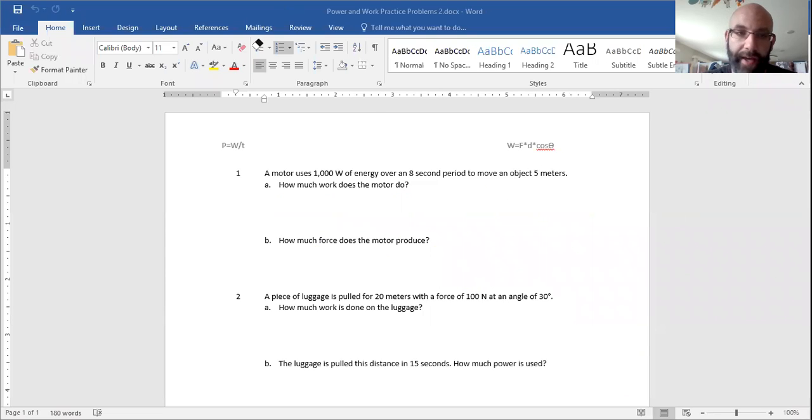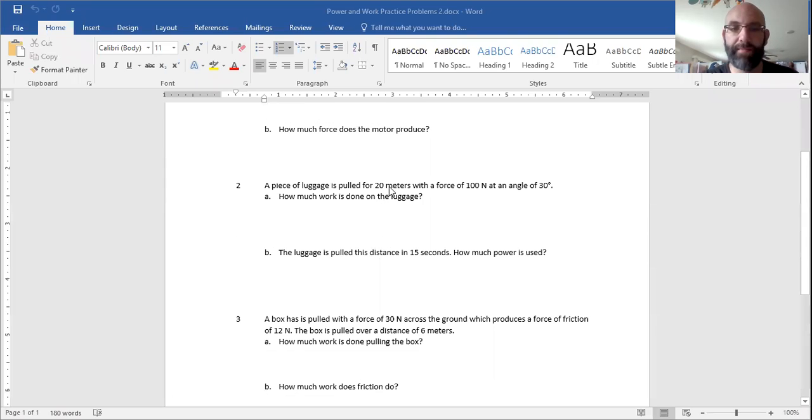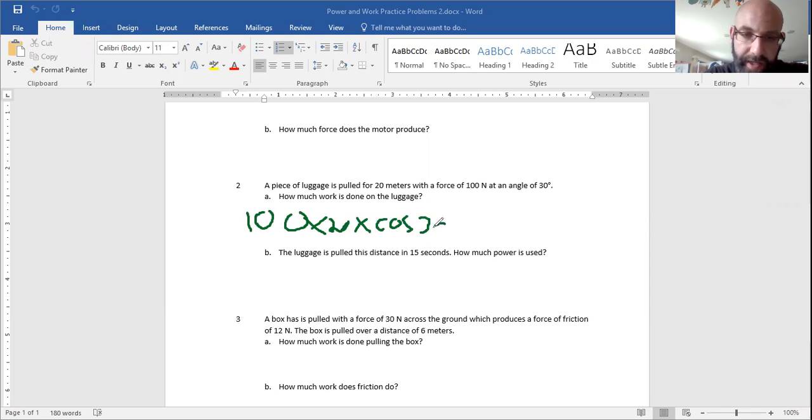All right, let's look at 2. A piece of luggage is pulled 20 meters with a force of 100 newtons at an angle of 30 degrees. How much work is done on the luggage? We're going to use, again, work equals force times distance times cosine theta, because there's a theta this time. So that's 100 times 20 times cosine 30. 100 times 20 is 2,000, and then we just do the cosine of 30.